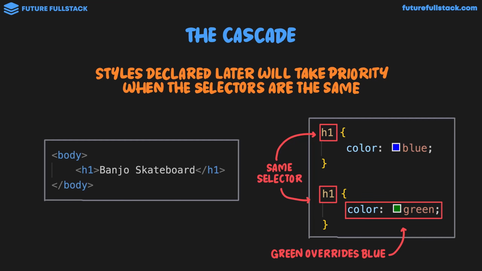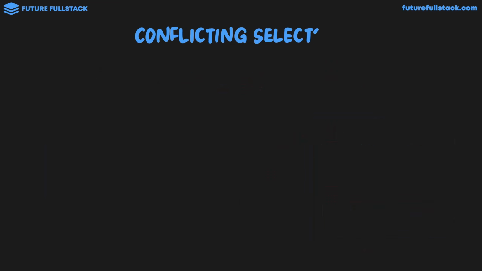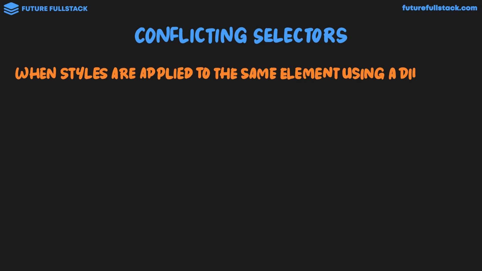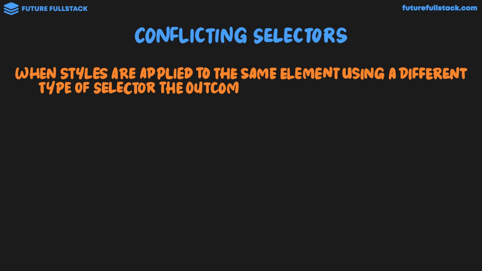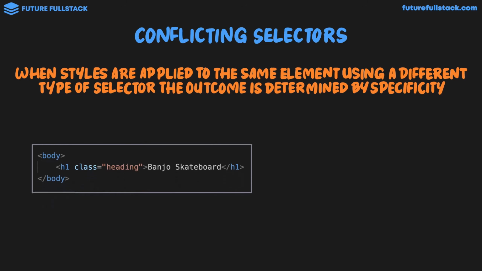Let's now talk about what happens when we have conflicting selectors. When styles are applied to the same element using a different type of selector, the outcome is determined by specificity. So what do we mean by this? Let's say we had the same HTML we saw before, but now we've added a class attribute with the value heading. Now in the CSS, we're going to style this heading in two different ways.